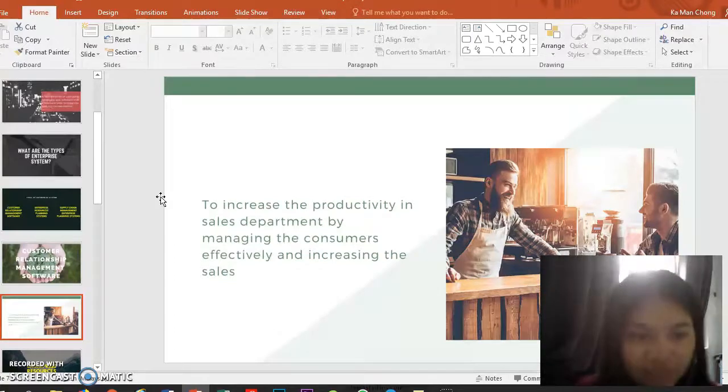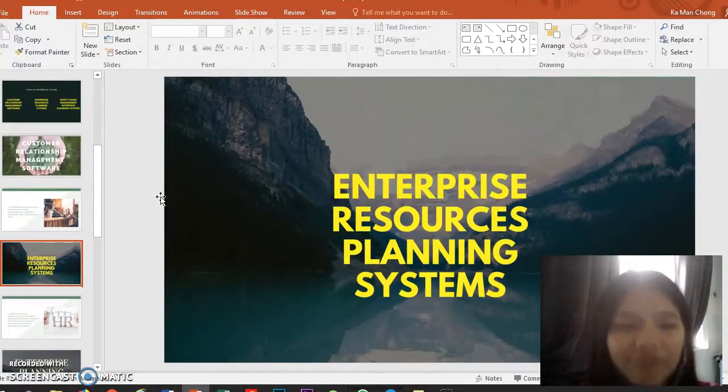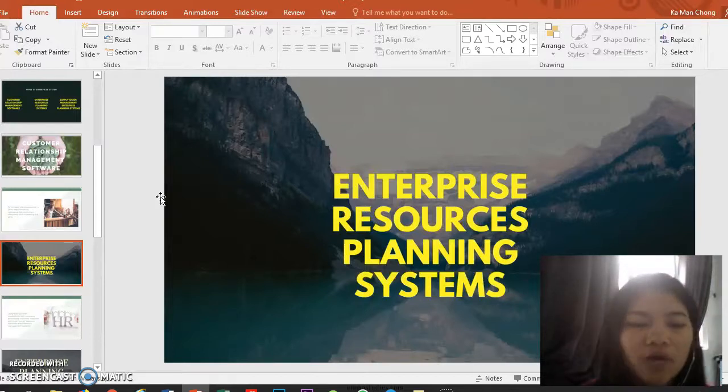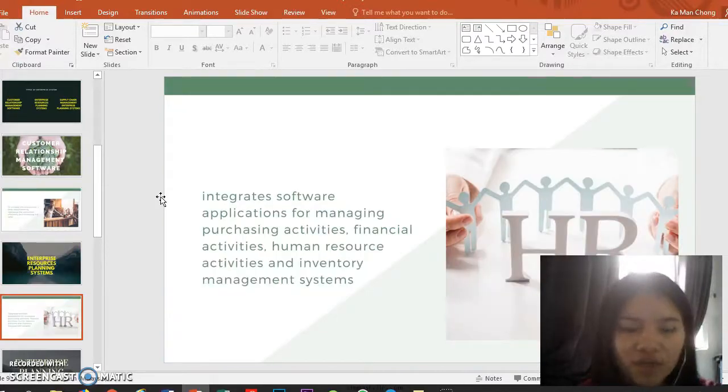And next, let's discuss and investigate more about enterprise resource planning systems. Below I will call it ERP. So ERP is the integrated management of core business processes, often in real time and mediated by software and technology.